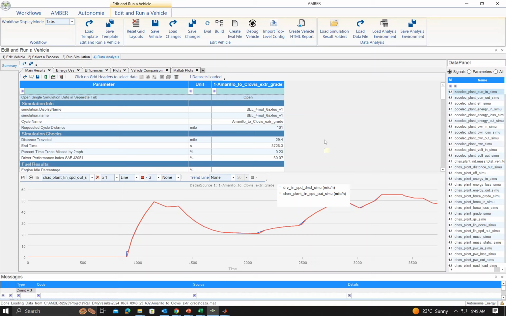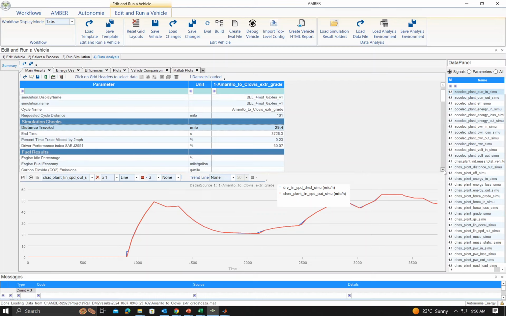We can see that only some portion of the drive cycle is shown, which means the vehicle is not able to cover the complete distance requested in the drive cycle. The requested distance was 101 miles and the distance traveled is close to 30 miles. The vehicle stopped after 30 miles, mainly because there wasn't any charge left in the battery.